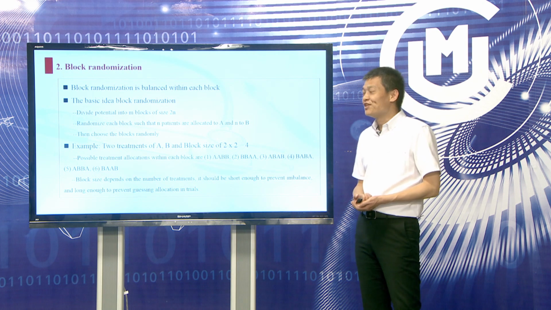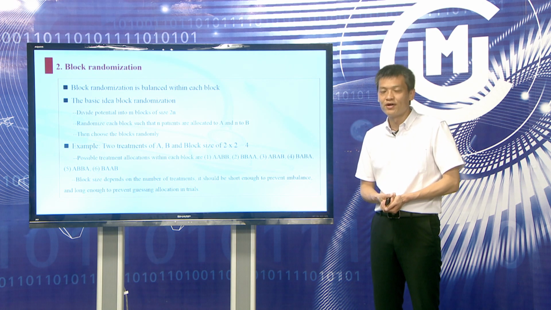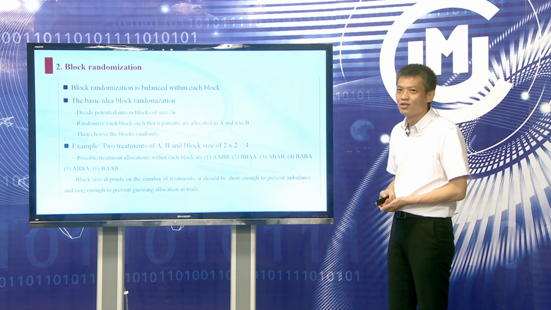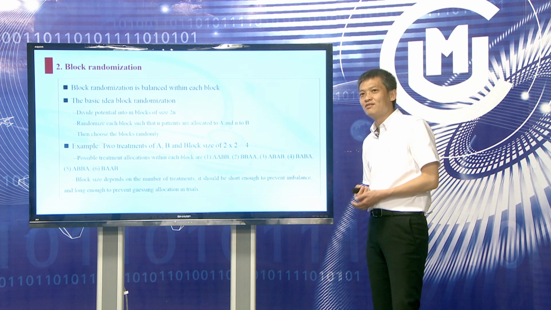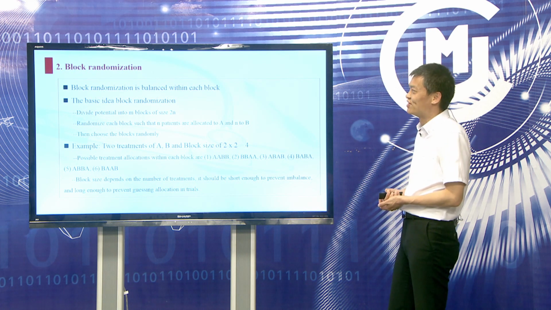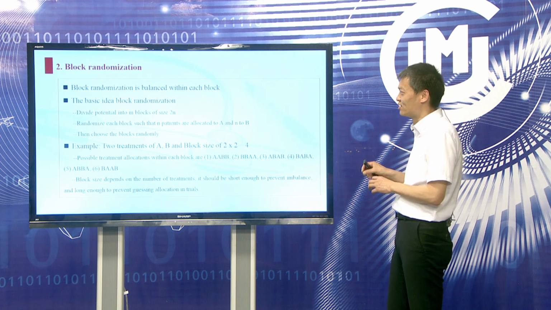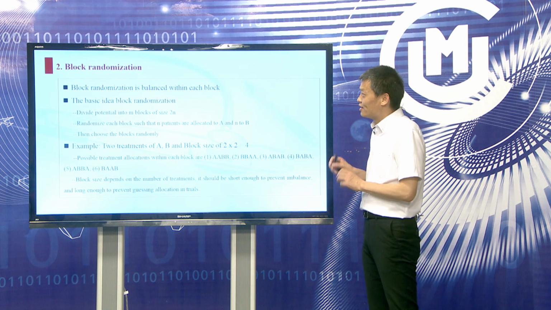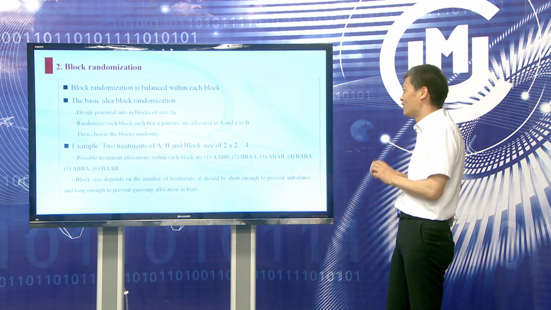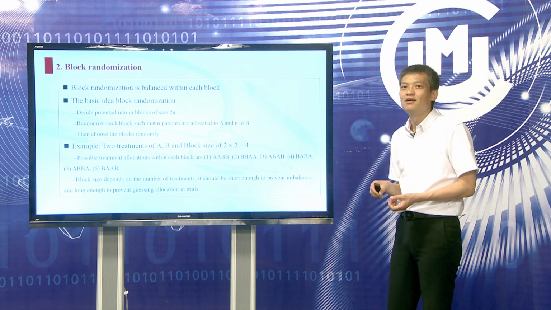Block randomization is very important and very commonly used in clinical trials. Block randomization is balanced within each block. The basic idea is first to divide participants into n blocks of size 2n, randomize each block such that n patients are allocated to A and n to B, and then choose the blocks randomly.